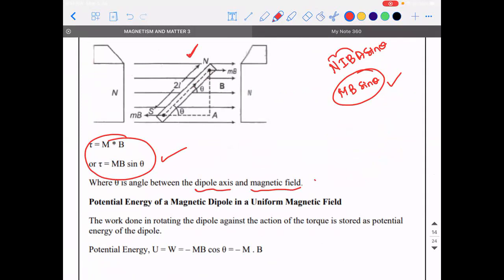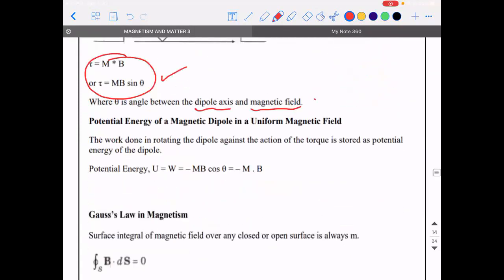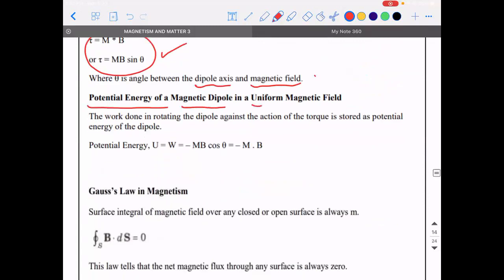Next. Potential energy of a magnetic dipole in a uniform magnetic field. So what was the formula for potential energy of an electric dipole in an external electric field?